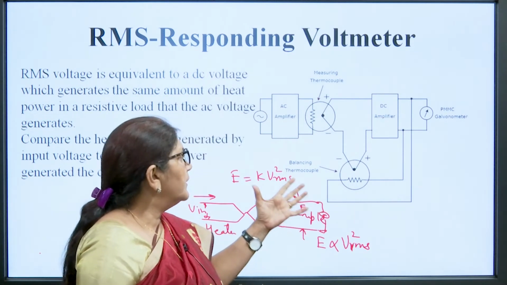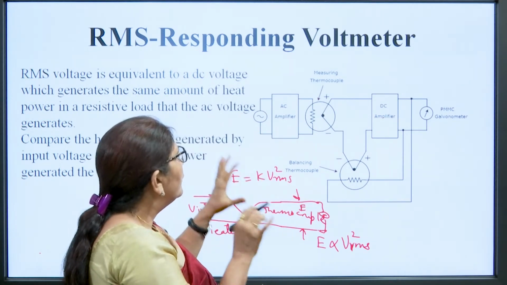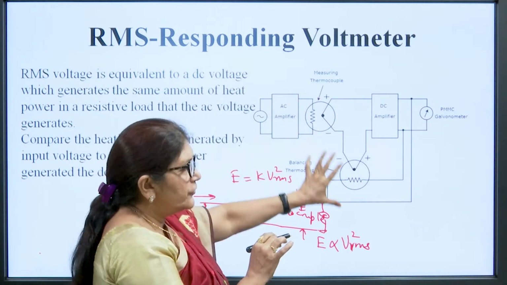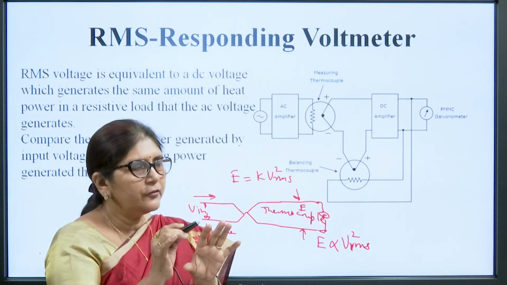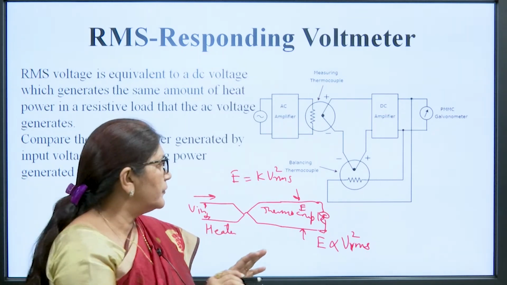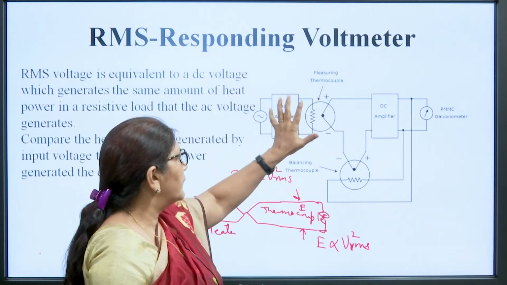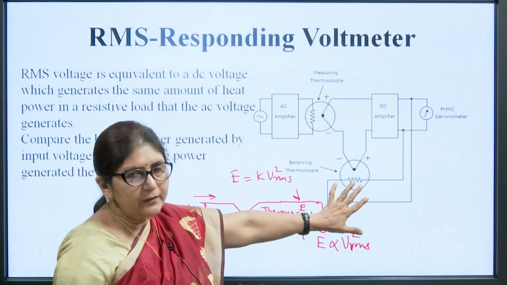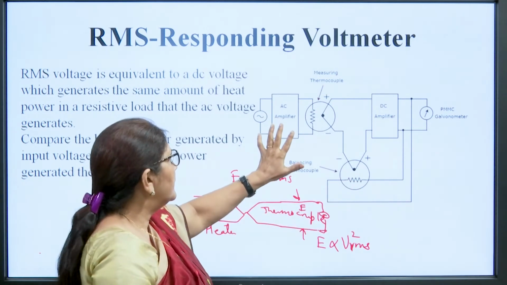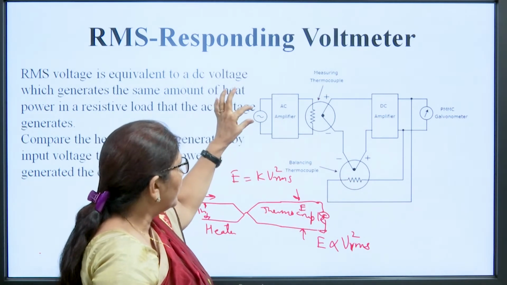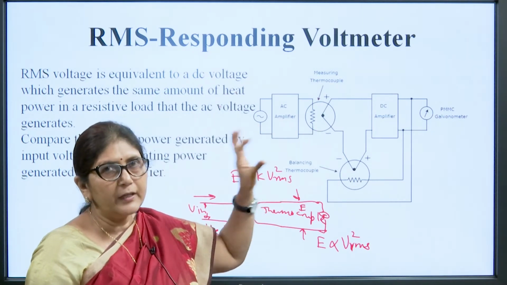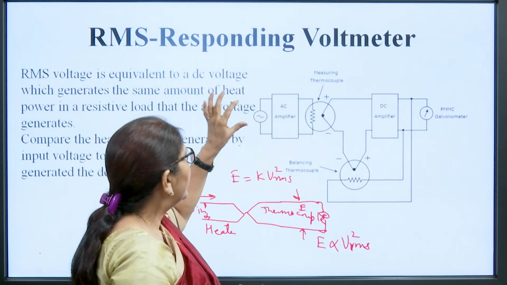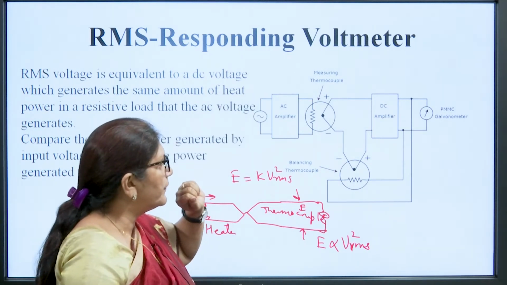So what have we done? We place two thermocouples in the same chamber, so that if there is any change due to the environment, their behavior changes equally. So the effect of one thermocouple is cancelled by the second thermocouple. We can see here the unknown signal whose RMS voltage we want to measure is applied at the AC amplifier.